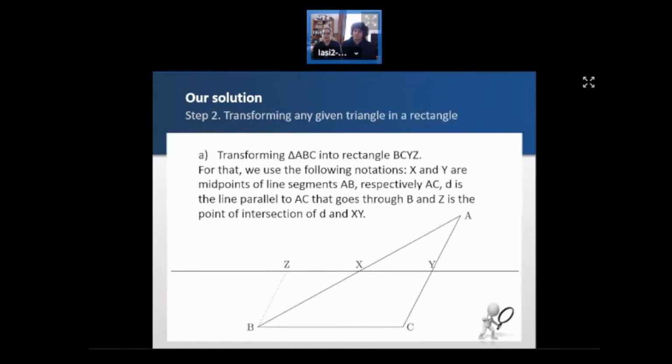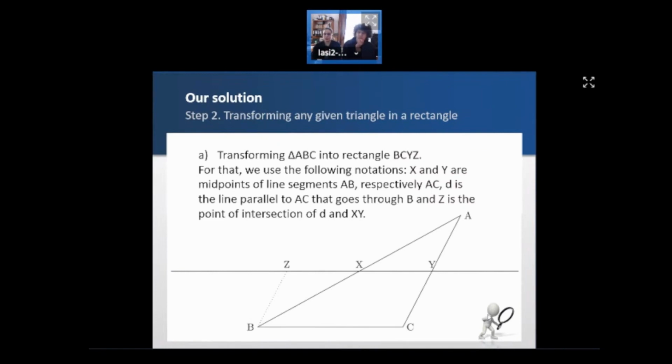So step 2 of our solution consists of transforming any given triangle into a rectangle. So the first step is transforming triangle ABC into rectangle BCYZ. For that, we use the following notations.